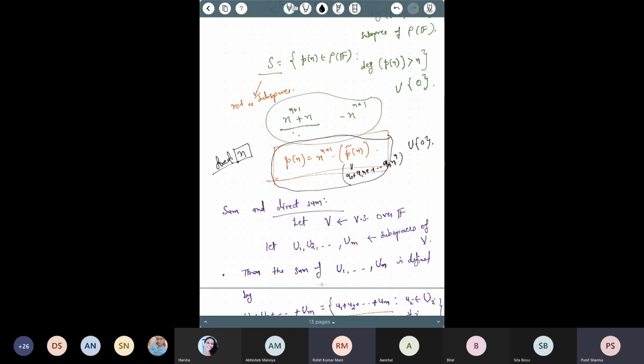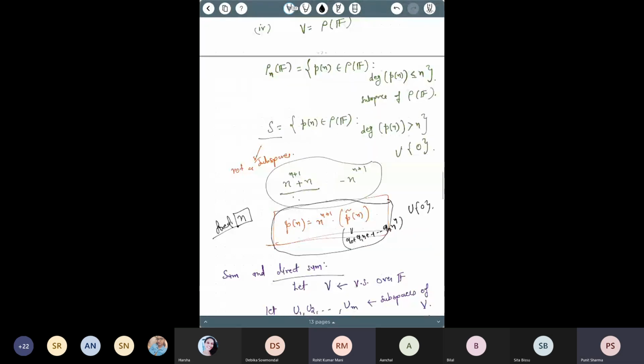When I'm talking about such a set, P n of x is a polynomial of degree less than or equal to n. So this n is fixed, and for a fixed n, you have to check this.